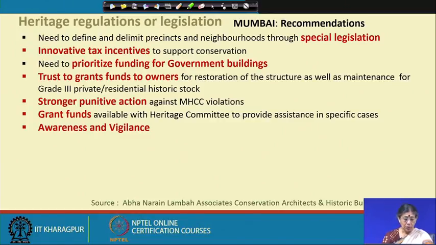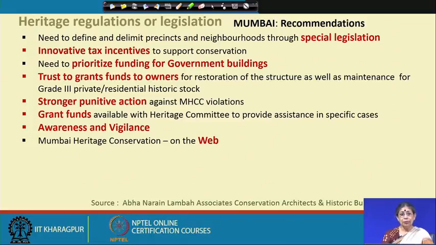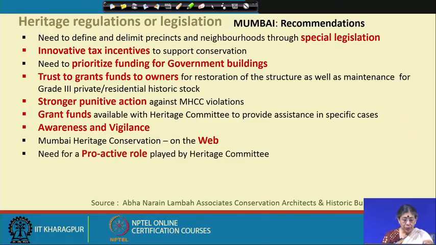This has to be done through various activities, programs and other means. Also, with communication having developed so much, all the information can be put on the web and made accessible to everybody, so that people can know what is possible and which are the precincts, which are not. So awareness information should be made available on the web, and there is a need for a proactive role played by the heritage committee. The heritage committee has a lot of role to play.